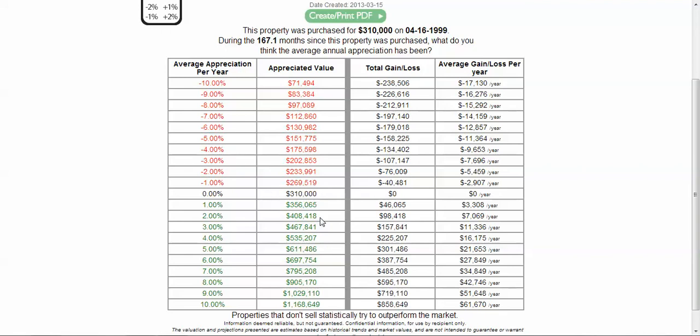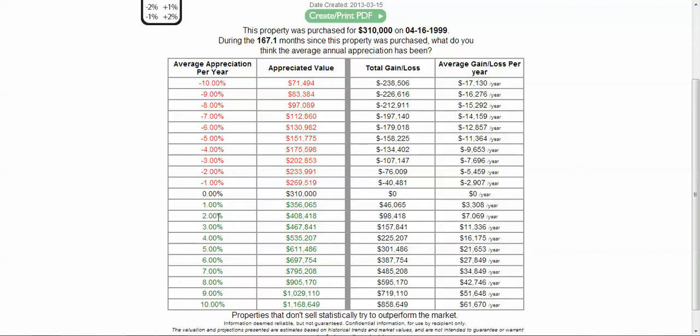This is an extremely important table to show people, just to give them perspective about the idea of depreciation and appreciation. That's the only purpose of this graph: to be able to say, cover up this area here, cover it all up, and just show on the paper, ask the seller, what do you think the annual rate of return has been since you've owned the property?